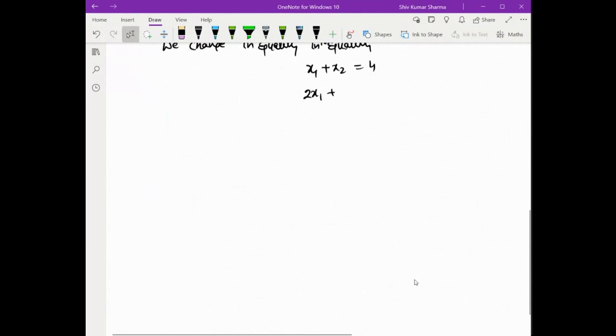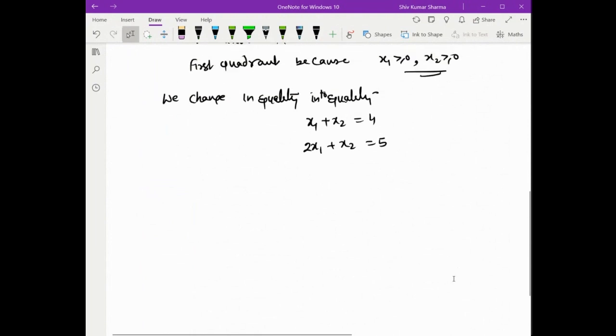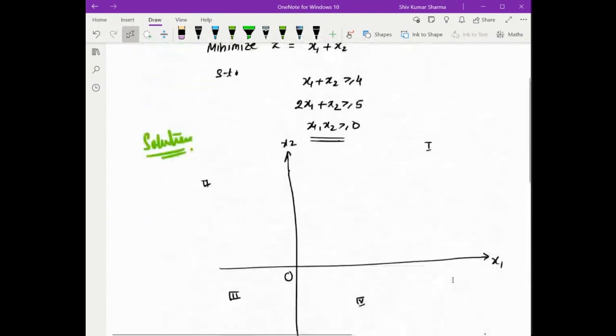When we change the inequalities into equalities, we obtain two equations.